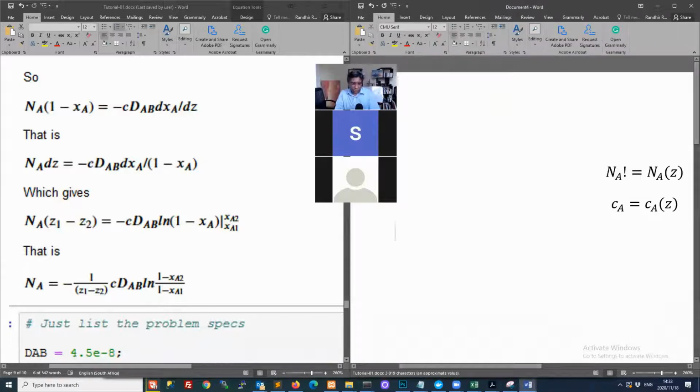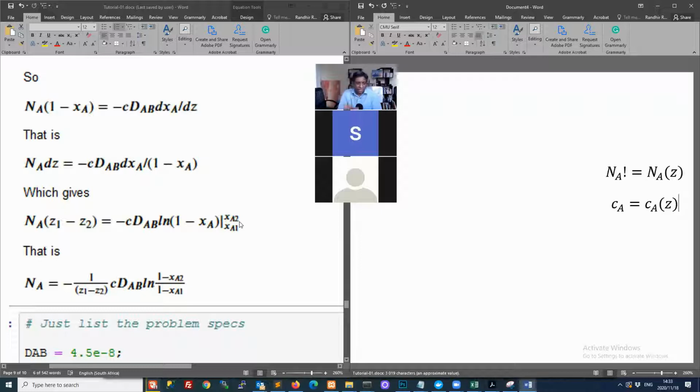Okay, so here I just want to say that when we integrate this equation, we seem to have chosen specifically Z1, Z2, and XA1 and XA2. Of course, Z2 and XA2, we could have chosen those to be any numbers along the way.